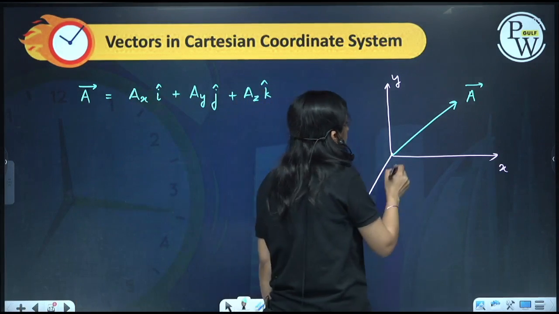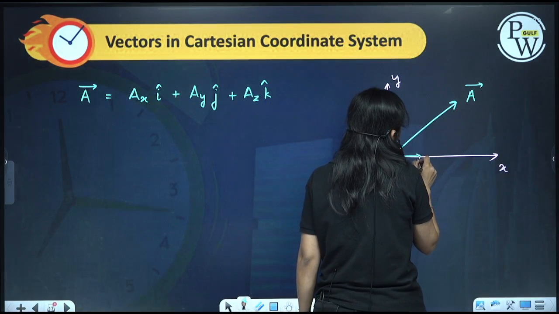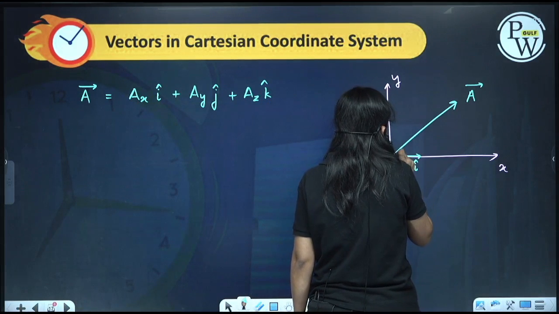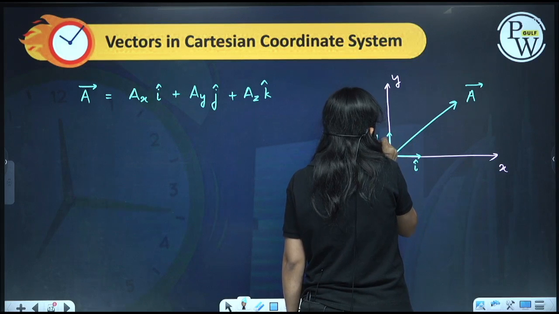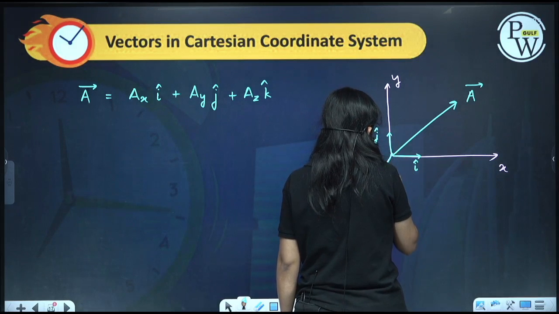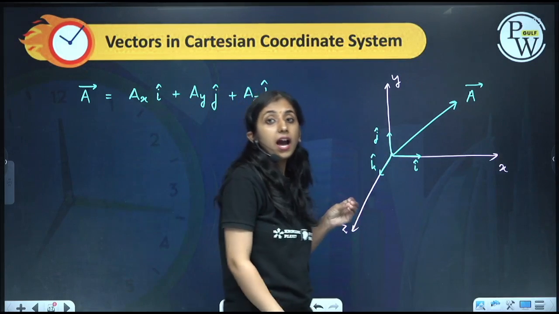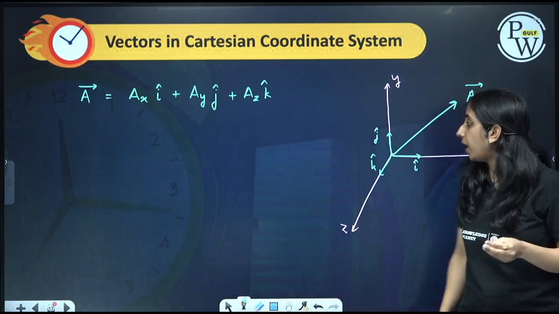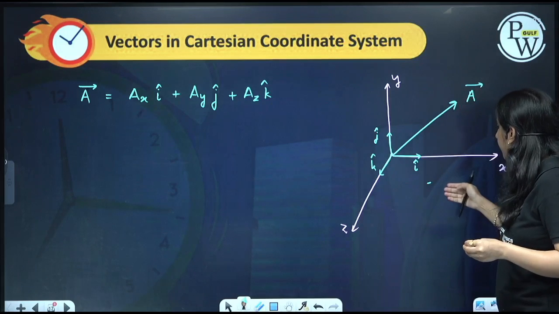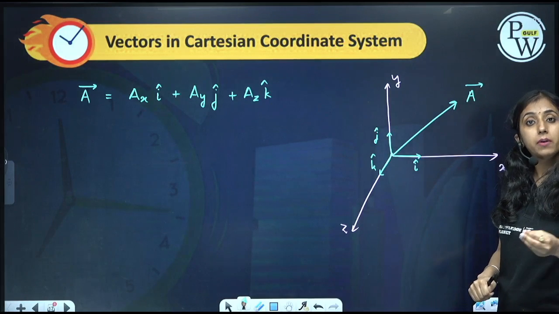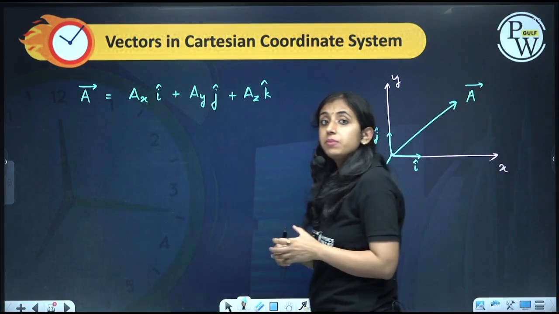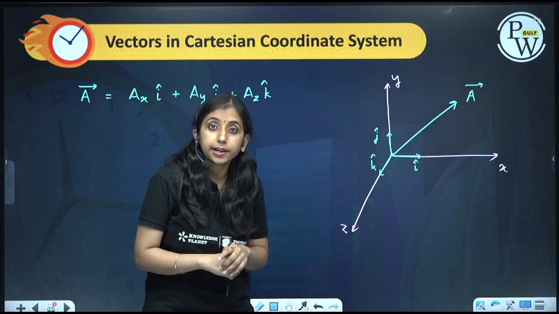I cap, j cap and k cap are unit vectors in the direction x, y and z respectively. i cap is the unit vector in the x direction, j cap is the unit vector in the y direction, k cap is my unit vector in the z direction.